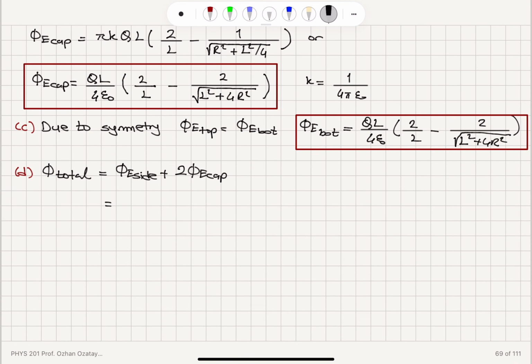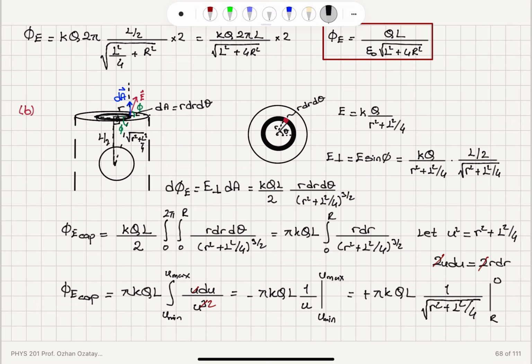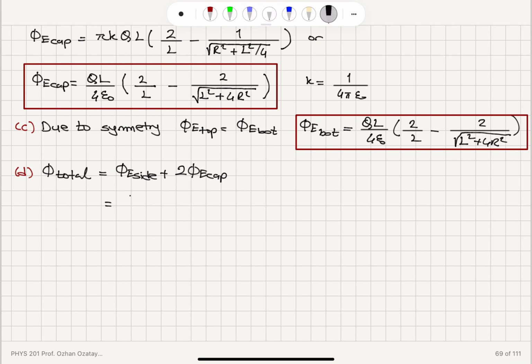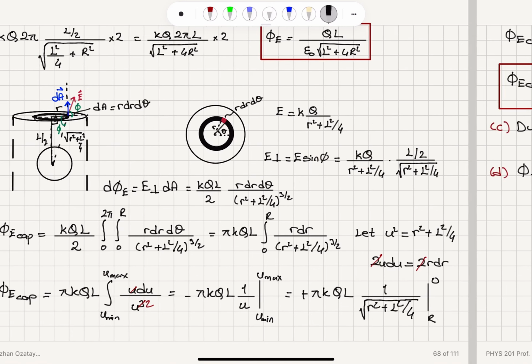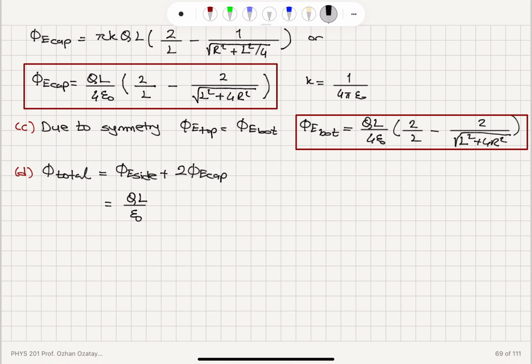So let's see, Q over epsilon 0, I have an L also, QL over epsilon 0, I have 1 over square root of L squared plus 4R squared.